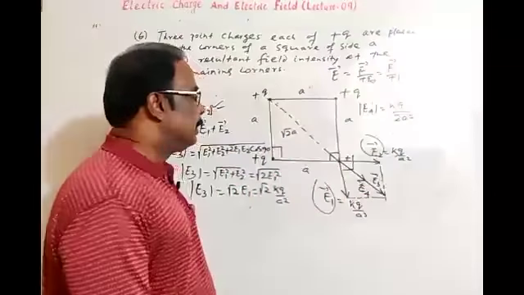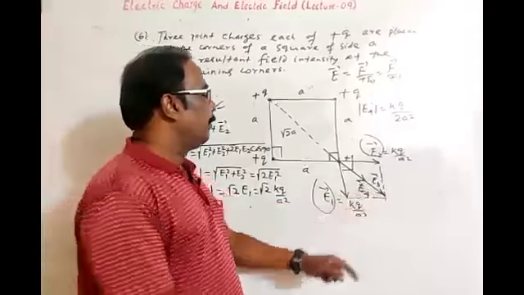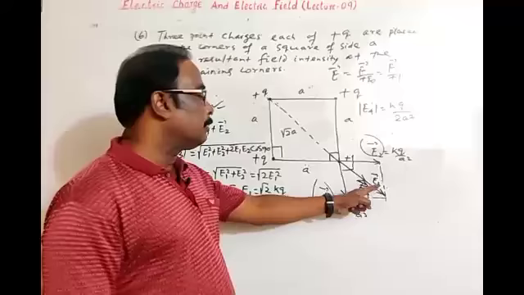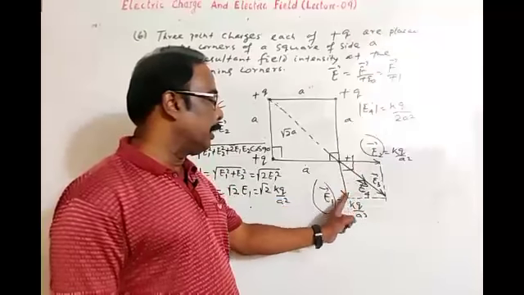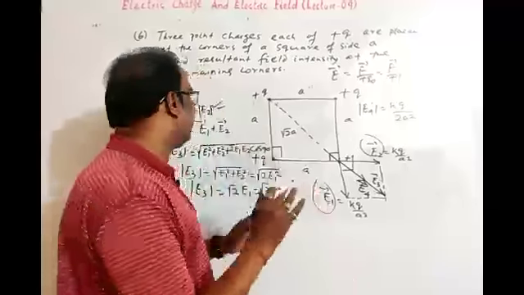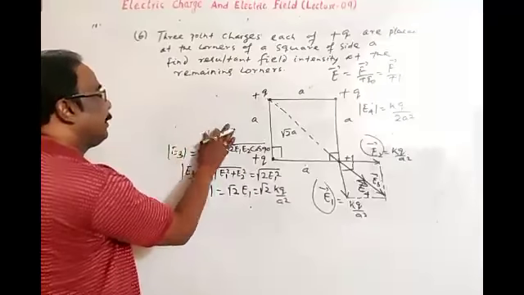See students, E4 is the field intensity due to this charge and the resultant field intensity due to E1 and E2 is E3. E3 and E4 are in the same direction, thus the final resultant field intensity.